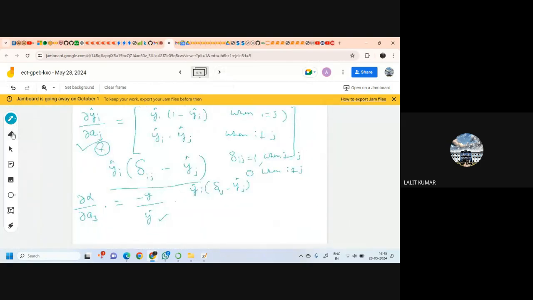So here it should be yi minus 1, and here yi equal to j.